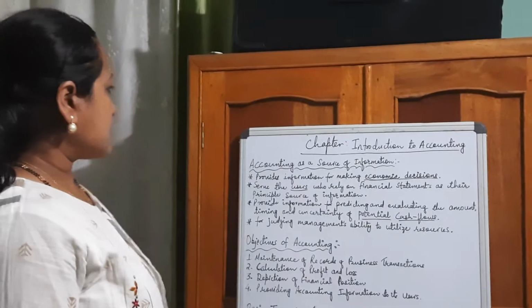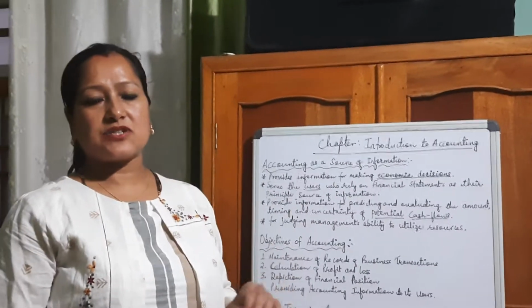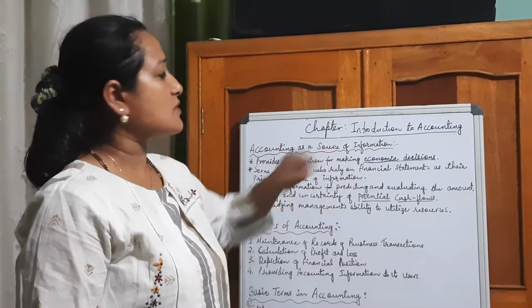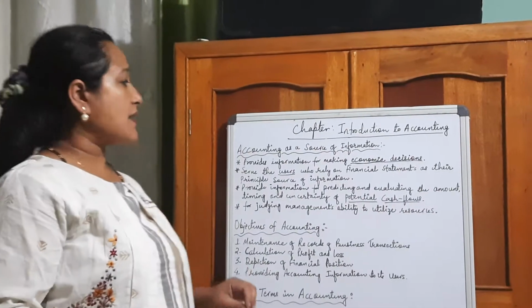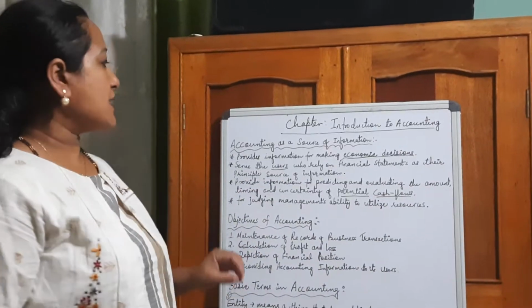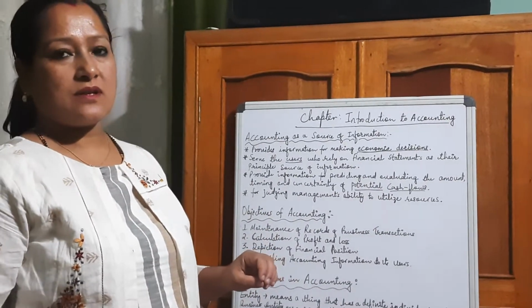See, first of all, last time we learned the meaning and definition of accounting, right? Today we'll be learning accounting as a source of information. I was talking about how it's a source of information for so many users. In what sense does accounting act as a source of information?